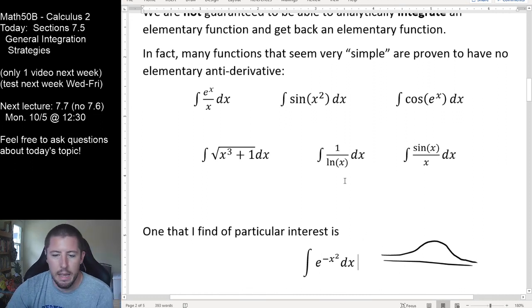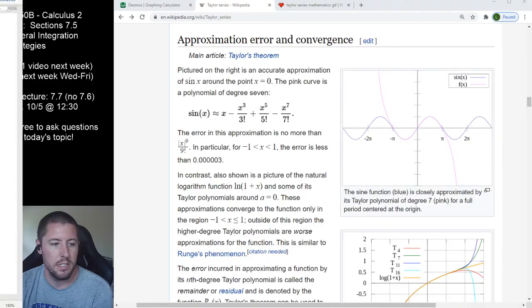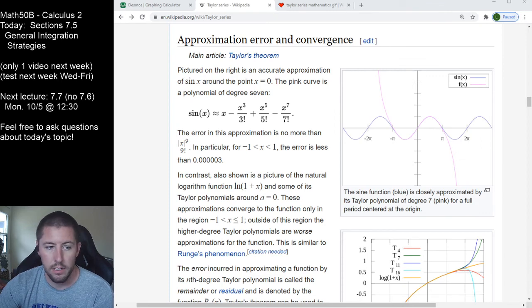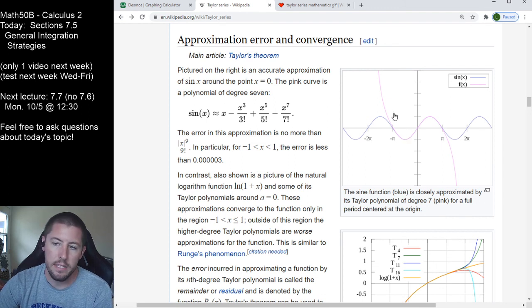So let me take a little step to the side here and show you what I'm talking about. This is some stuff we're going to see in chapter 11. In chapter 11, one of our topics is going to be Taylor series. And when we're talking about Taylor series, what we're going to see is that there are functions, for example, the sine function that you're looking at right here, where maybe you could picture for yourself that it actually makes sense to come up with polynomial approximations to the sine function.